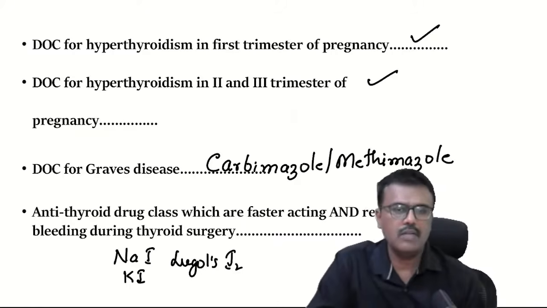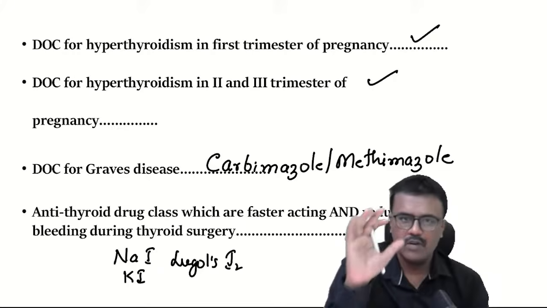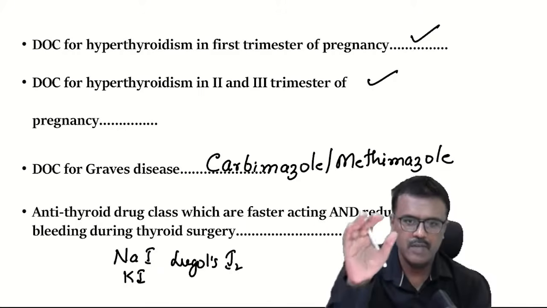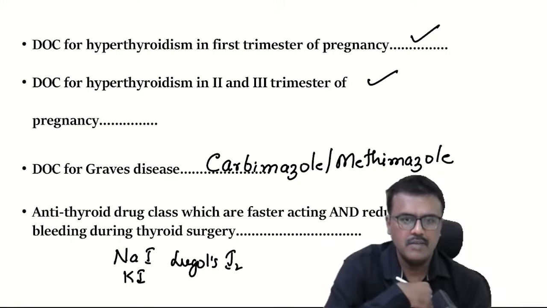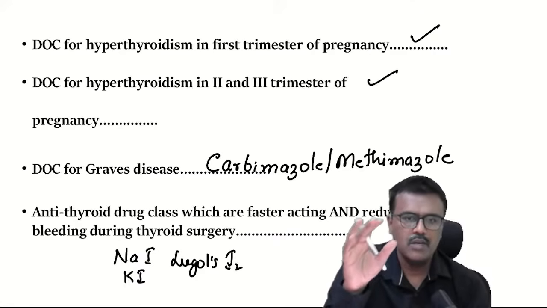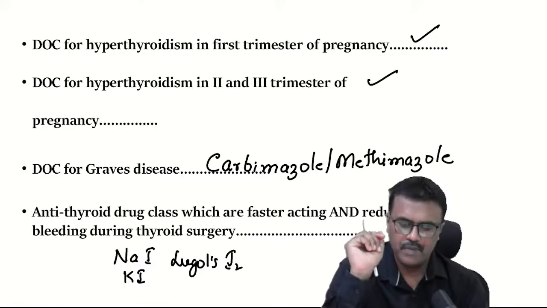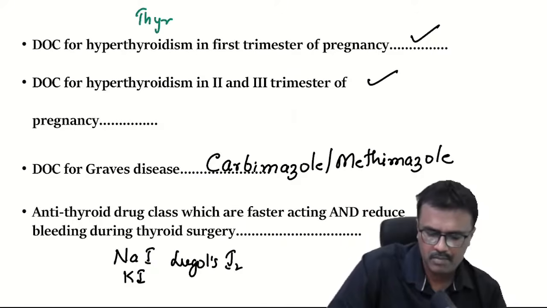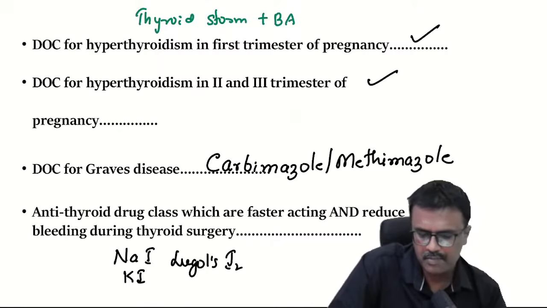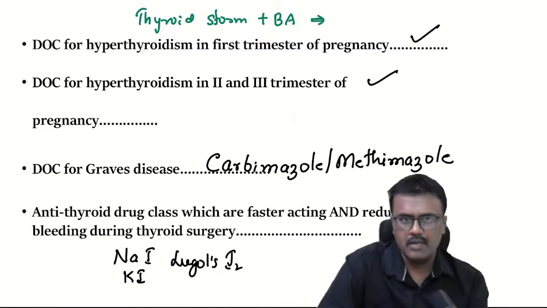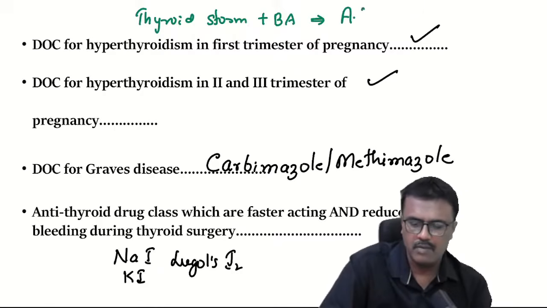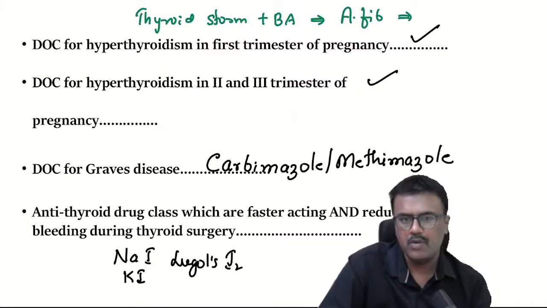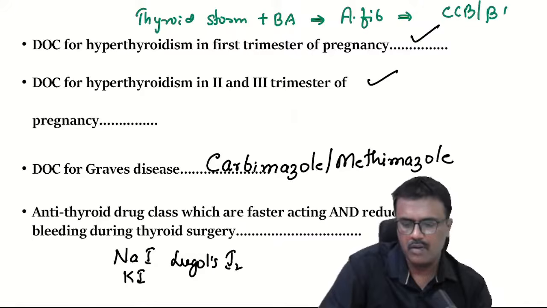Now, what are the drugs used during thyroid storm? In thyroid storm, we use steroids for overcoming the stress. We use beta blockers to prevent arrhythmias. And we use propylthiouracil to prevent the conversion of T4 to T3. Now there was a question in NEET PG. The patient had thyroid storm and is asthmatic, and developed atrial fibrillation. Now to manage atrial fibrillation, will you give a CCB or a beta blocker?